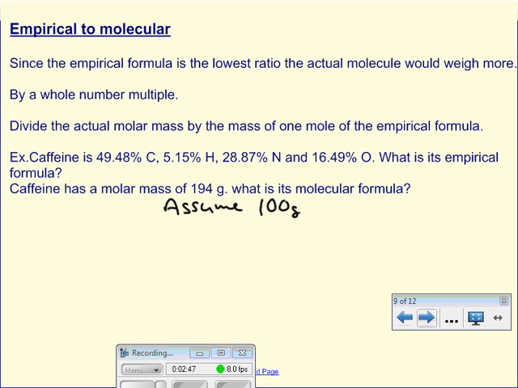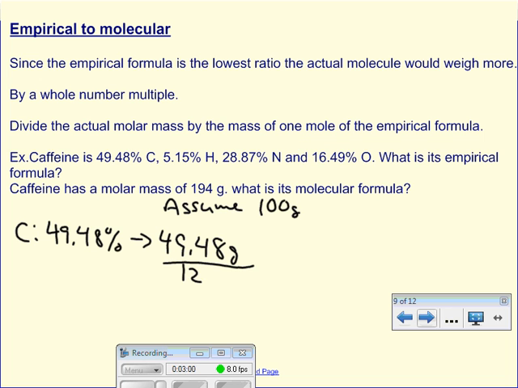So we have to assume 100 grams, and for carbon, we have 49.48%, which gives me 49.48 grams divided by 12 grams per mole.